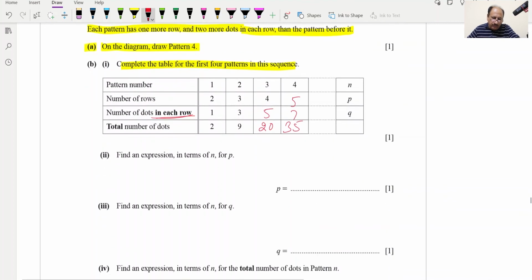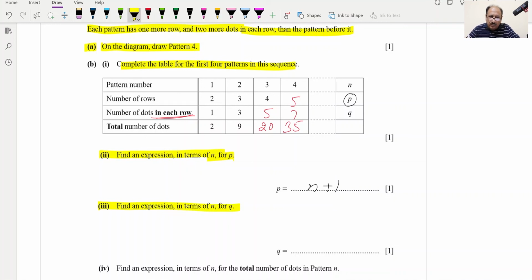Now part 2. Part 2 says find an expression in terms of n for p. P is this one. So this will be n: 2, 3, 4, 5. So it will be n plus 1. We can write p is equal to n plus 1. And third part, find an expression in terms of n for q.